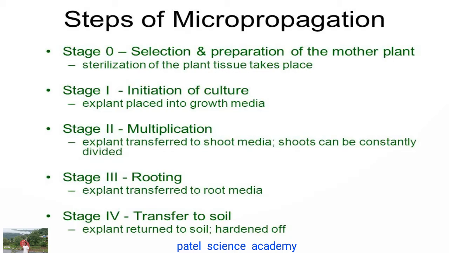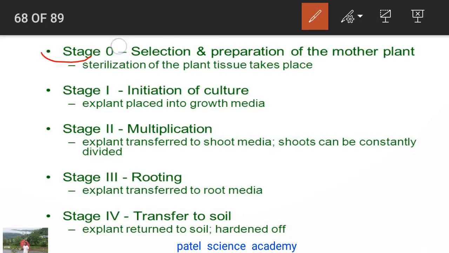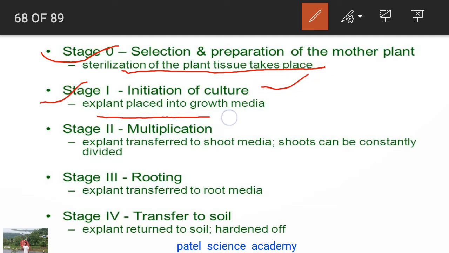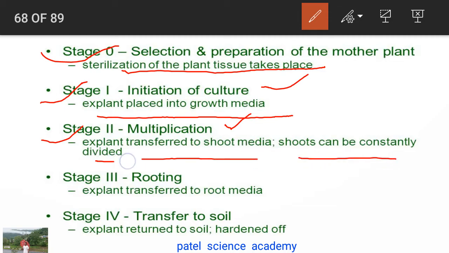So there are different steps of the micropropagation, dear students, and you can see those steps: the selection and preparation of the mother plants, sterilization of the plant tissue, the initiation of the culture, where the explant is placed into the growth medium as I explained. Second, multiplication: the explant is transferred to the shoot media, and shoots can be constantly divided.